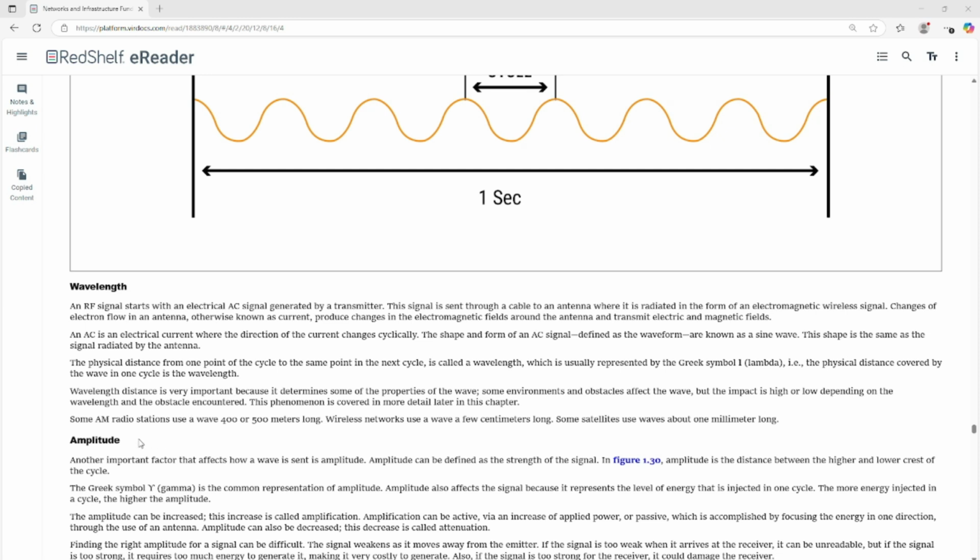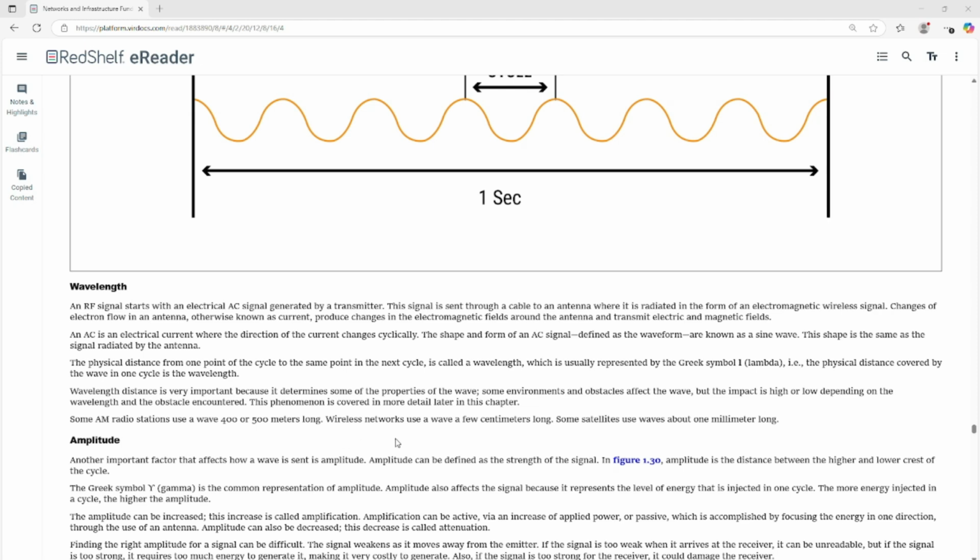On the other side, amplitude is another factor that affects how a wave is sent. Amplitude can be defined as the strength of the signal. So if it waves and covers a distance, amplitude is how strong it is.